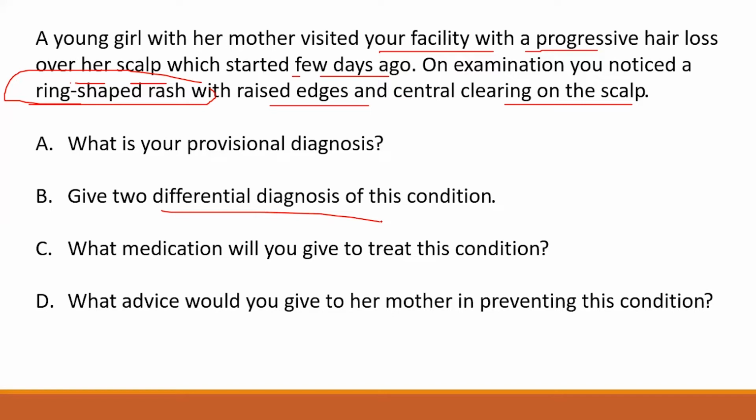Because if the previous person has it and you comb your hair with that comb, perhaps you can also get it. So avoid sharing such objects. Then practice proper hygiene. So these are the preventive measures, or the advice you can give to the mother in preventing this sort of infection. So basically, that is it. All right.